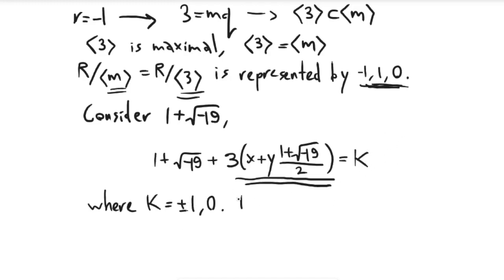And so I claim that this can't happen because if you distribute everything out here and then you compare coefficients, you get the following. You get that 1 plus 3y over 2 is equal to 0, right?